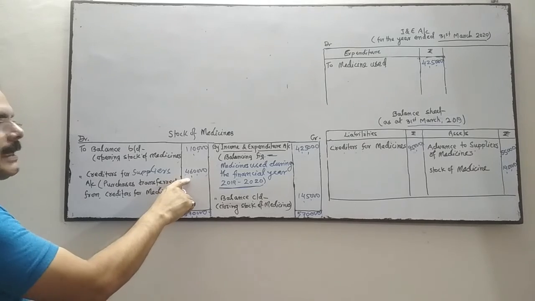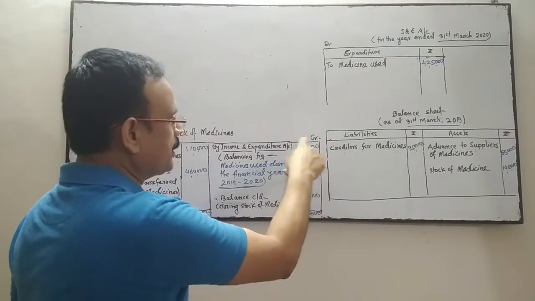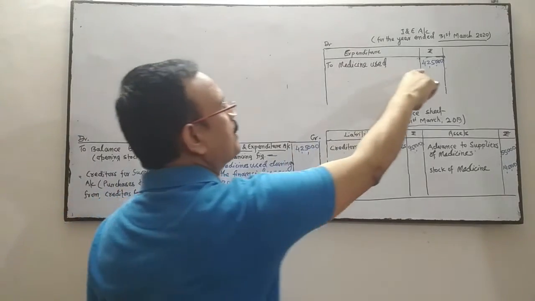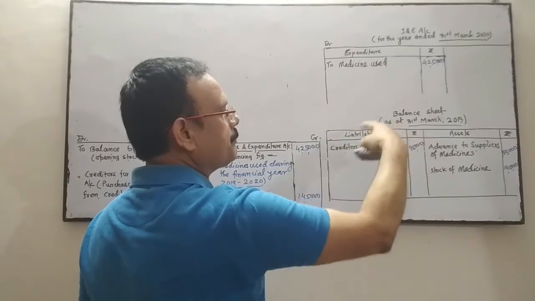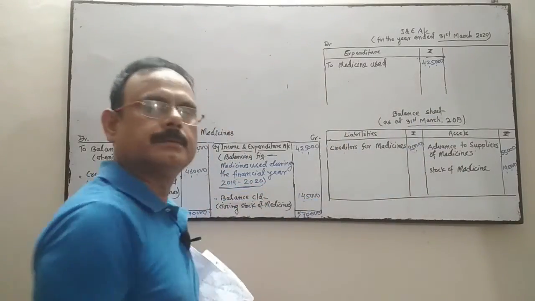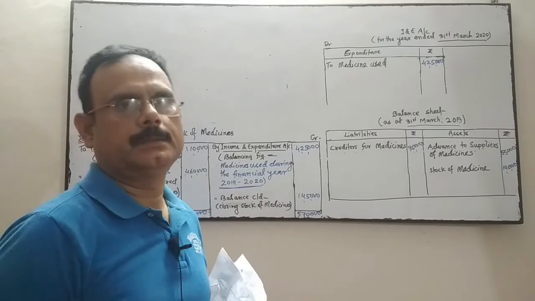Directly we will place that item, 4,60,000, over here, then do the total and find out the difference amount. This difference amount will be transferred to the debit side of the income and expenditure account, and the rest of the information will be the same as we discussed in question number 1. Okay.